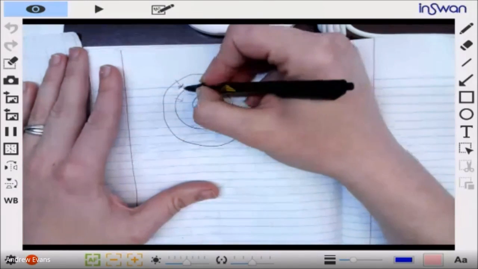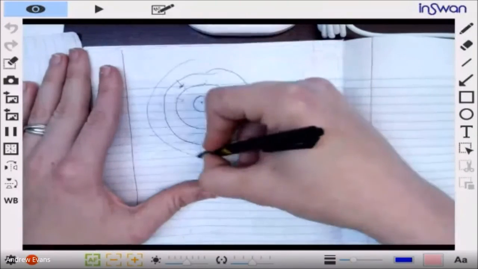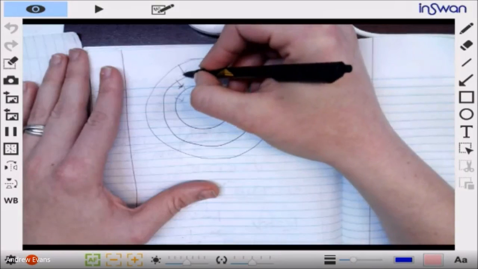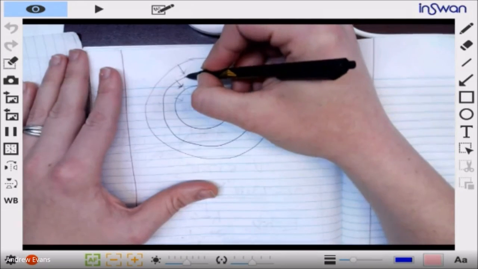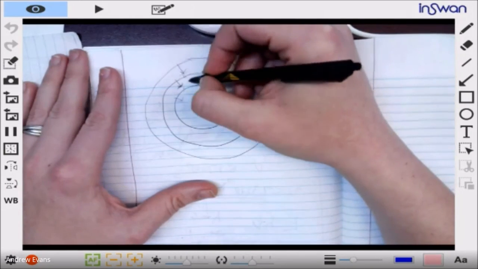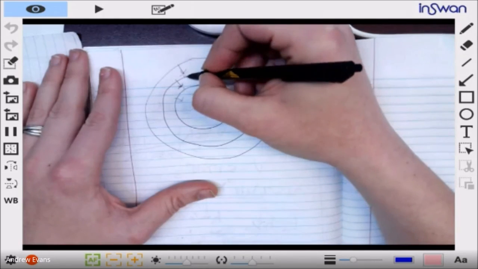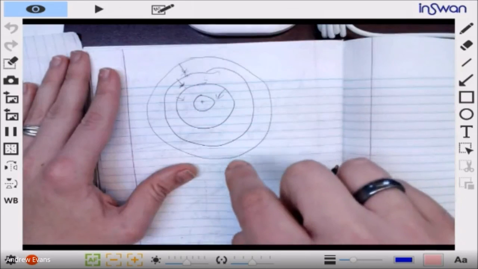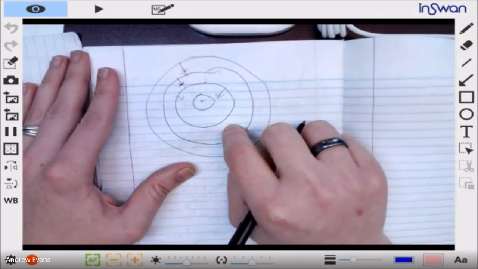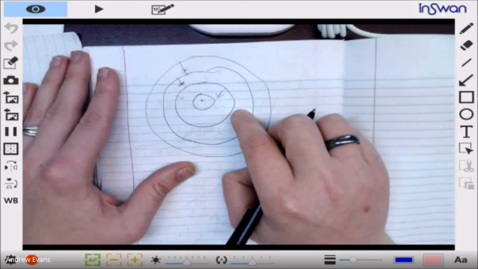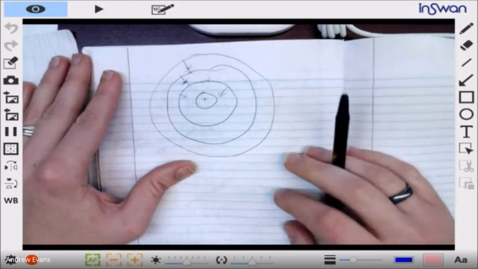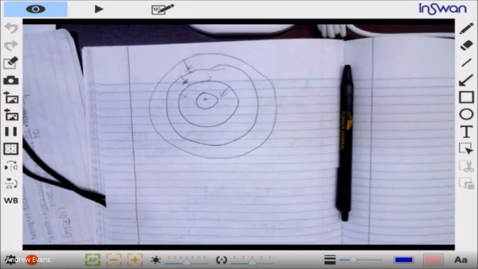If I add another layer, even if this is drawn in further, it's not quite drawn into where we started from. So even if the Z effective is greater, it's not counteracting the fact that each shell is further out. Each shell is further from the nucleus. So that effect is going to lead to the trend that we see.